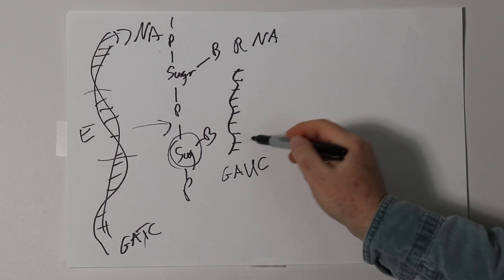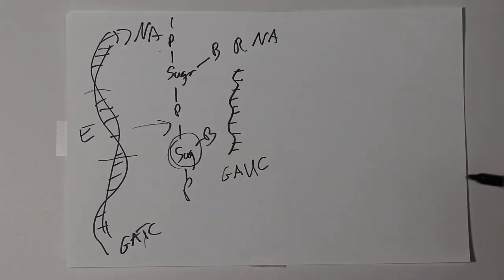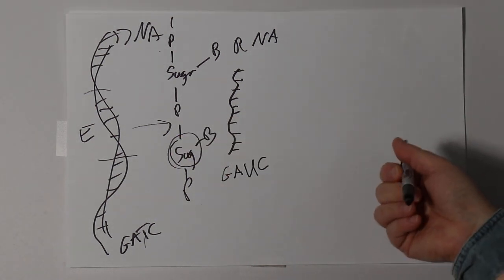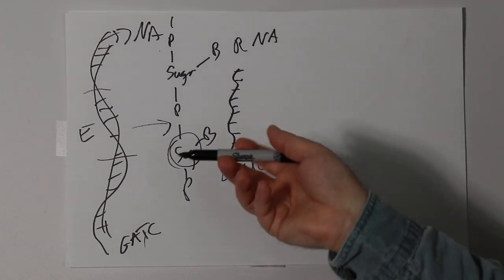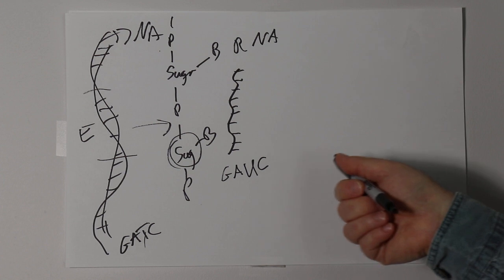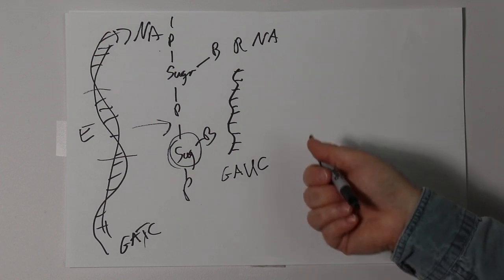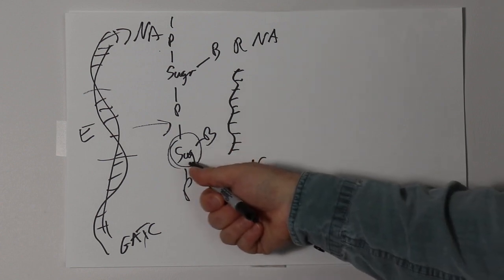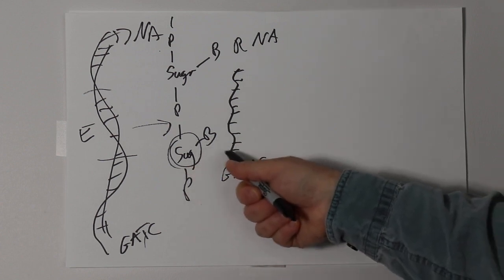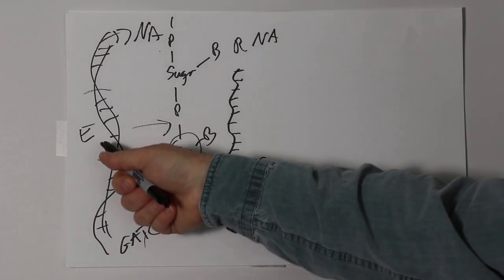In both of them, the sugar is a 5-carbon sugar, so it's a ribose-like sugar. In RNA, it's actually ribose. To give you a comparison, glucose, which is the sugar that gives us energy, is a 6-carbon sugar. So ribose is a 5-carbon sugar, and in RNA, the sugar is ribose, and in DNA, it's deoxyribose.